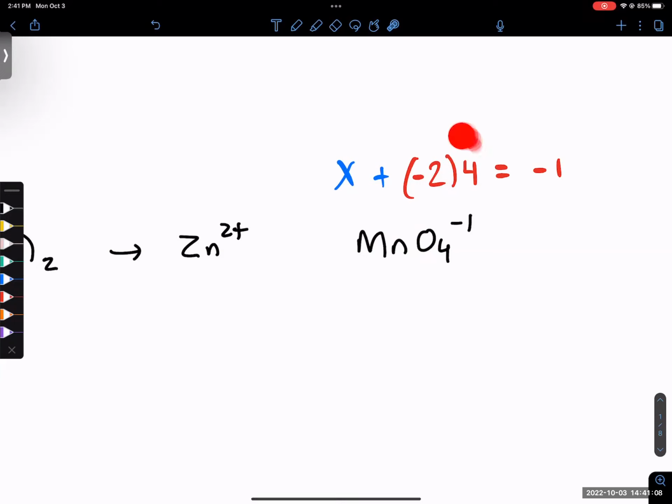Each oxygen has a -2 charge, we have 4 of them, plus the charge on manganese, which we denote X, equals -1. Does that make sense so far? And then we just solve it algebraically. When we multiply the -2 times 4, we get X minus 8 equals -1. Then we add 8 to both sides and we get X equals 7. Does that make sense? Okay.